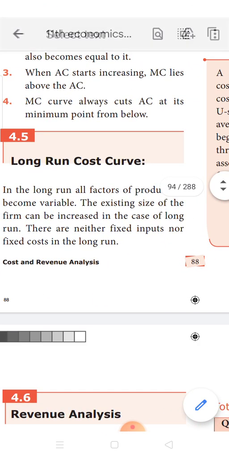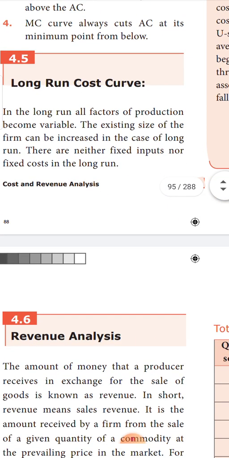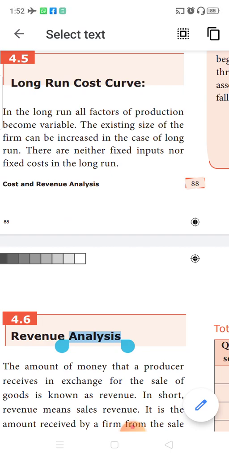Next is, what is the nature of the curves in the long run? So far whatever we saw was pertaining to the short period, that is the short run. Now let us understand the nature of the curves in the long period. I told you in the long run all the factors are variable factors. There is nothing called a fixed factor.